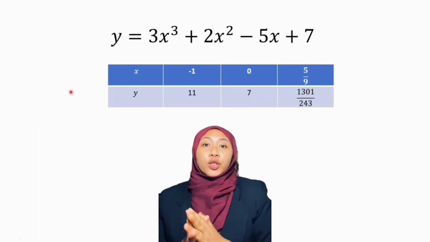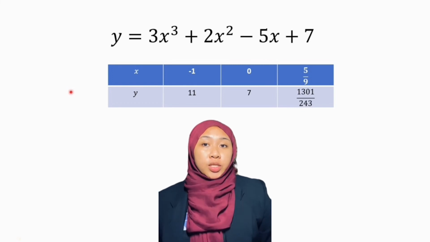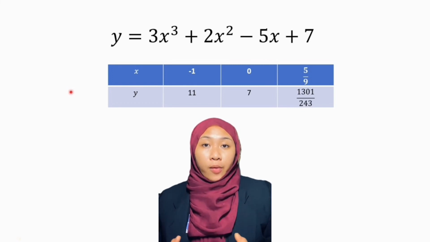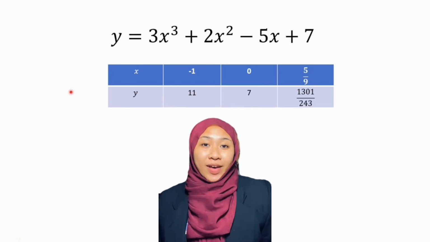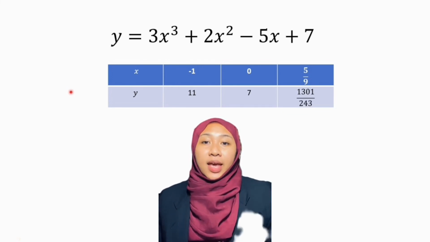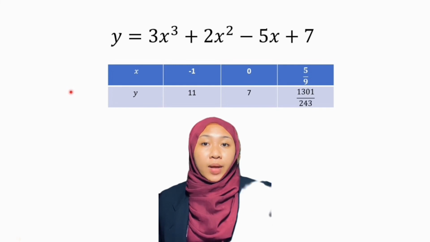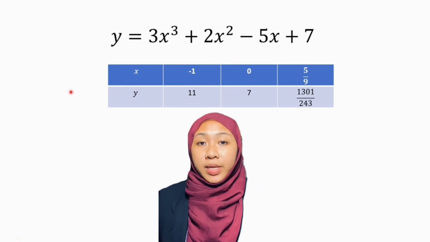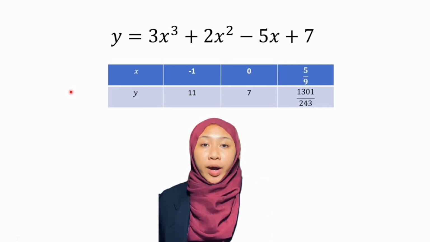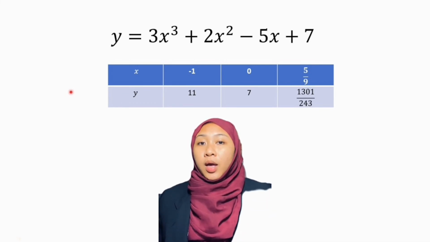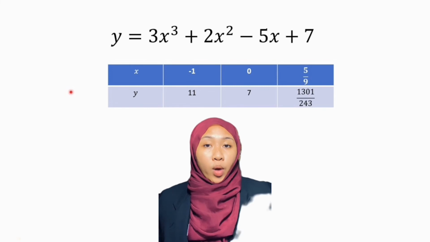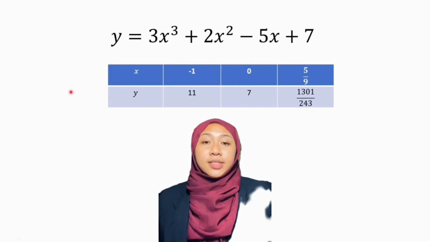And then you should write the equation y = 3x power of 3 plus 2x power of 2 minus 5x plus 7. And then you need to write a table divided into two columns. The first column is x: negative 1, 0, and 5 over 9. And the second column is y: 11, 7, and 1301 over 243.